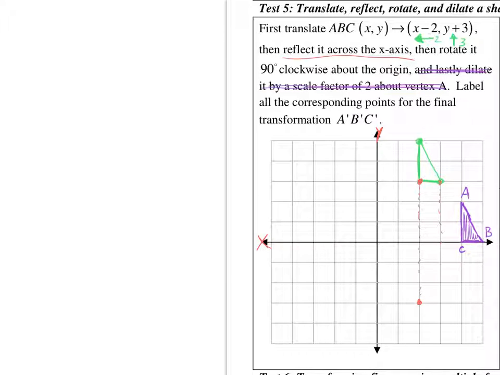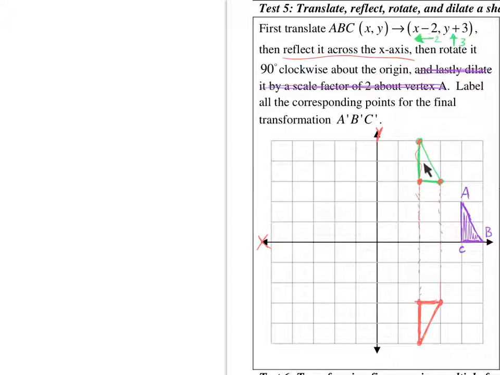This right here is 3 up. So I'm going to go 3 down. And this right here is 5 up. So I'm going to go 5 down. And there it is. There is my next step in the transformation. I now have this graph. So there's where we're at now.